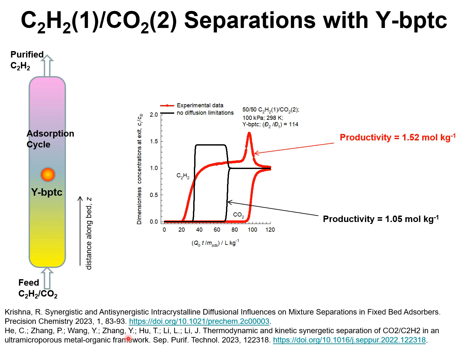To recover ethine from mixtures with carbon dioxide, it is preferable to use metal organic frameworks that selectively adsorb CO2. In a recent paper published in Separation and Purification Technology 2023, experimental data on transient breakthroughs with the MOF Y-BPTC are reported.